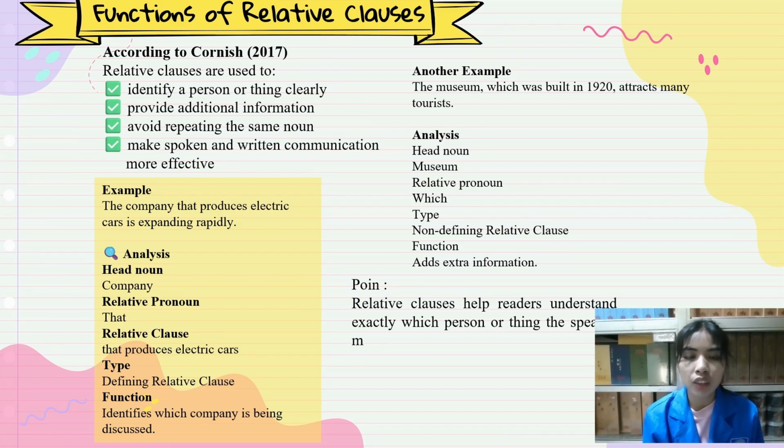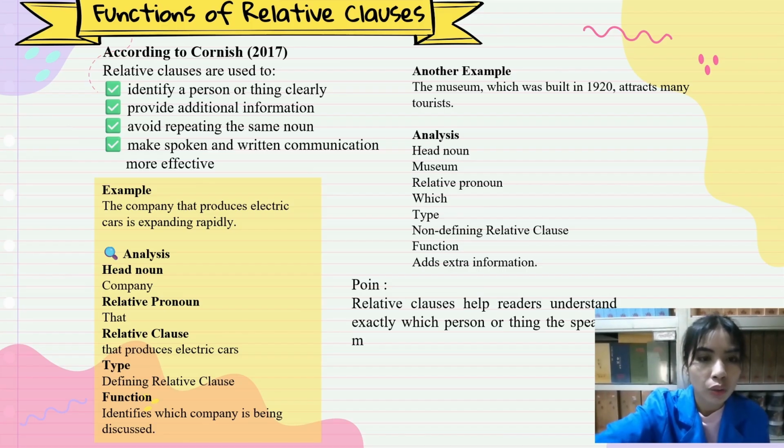Functions of relative clauses. Relative clauses have several functions. They identify people or things more clearly. They provide additional information without repeating the same noun. They also make our reading and speaking more effective and easier to understand. I have an example: the company that produces electric cars is branding.